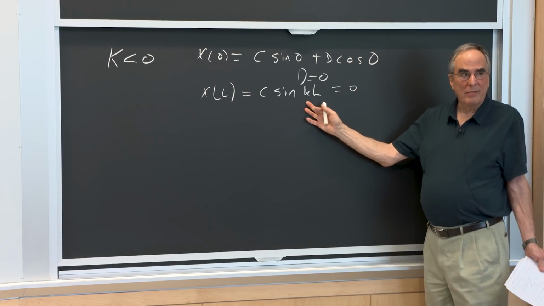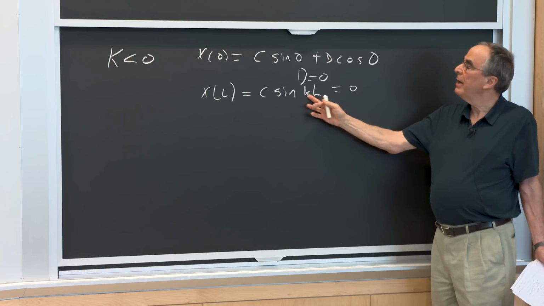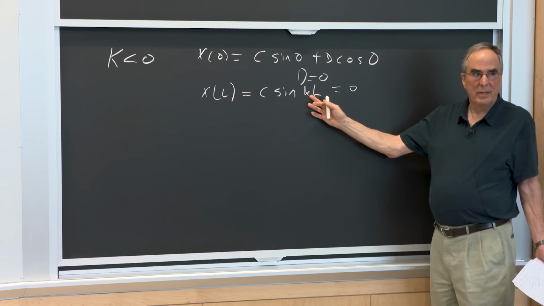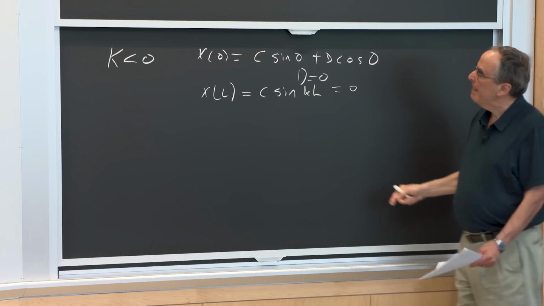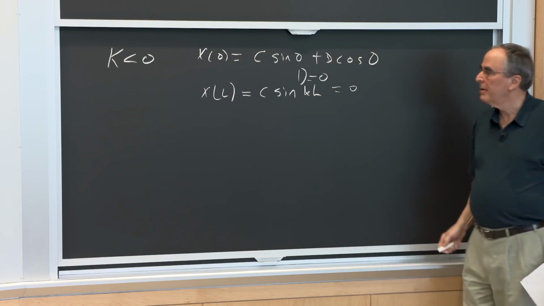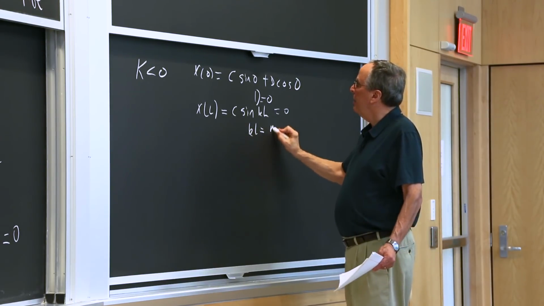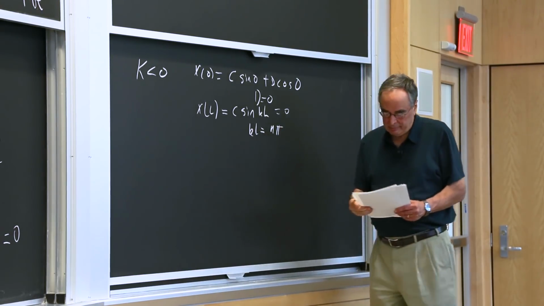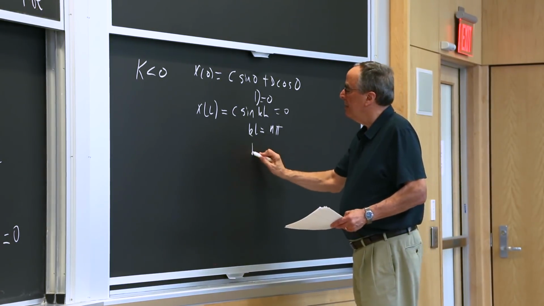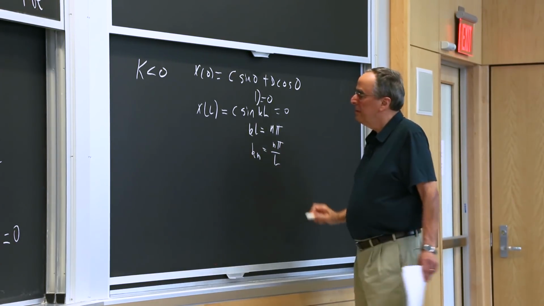And this we can solve. So sine is equal to 0 when KL is equal to 0, pi, 2 pi, etc. And so we have KL is equal to n pi. So we can write this as K_n is equal to n pi over L.